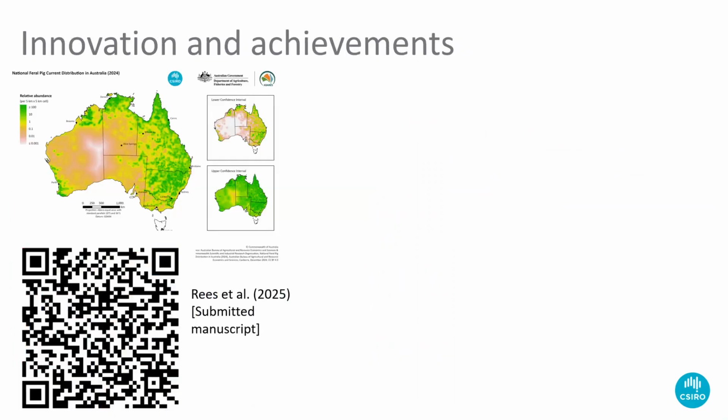So over the past few years, we applied this method to several priority invasive pest animals and weeds. In the process, we've discovered and integrated large amounts of public and privately held invasive species data sources. One map and spatial data set on the current distribution of feral pigs in Australia has been published, as shown here.